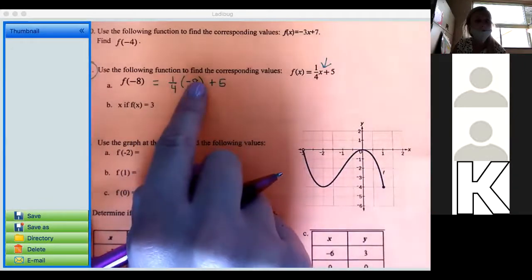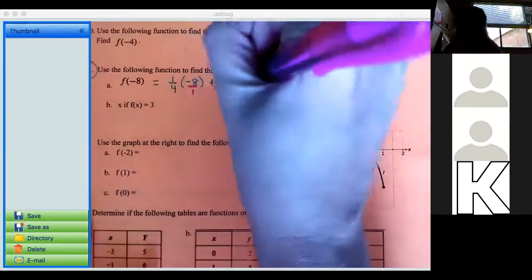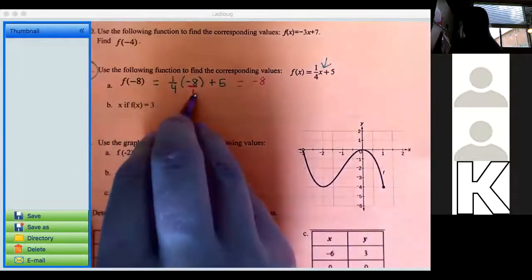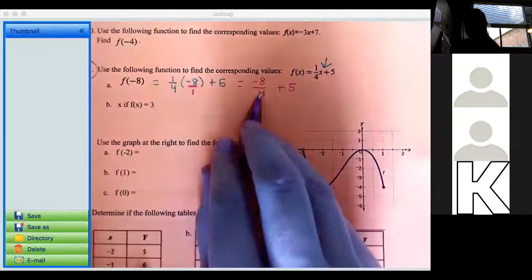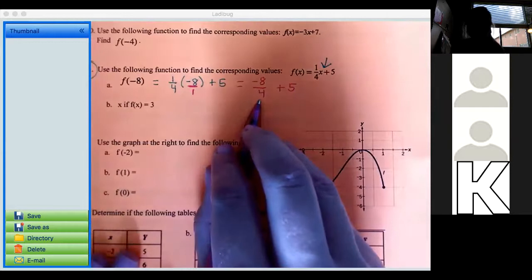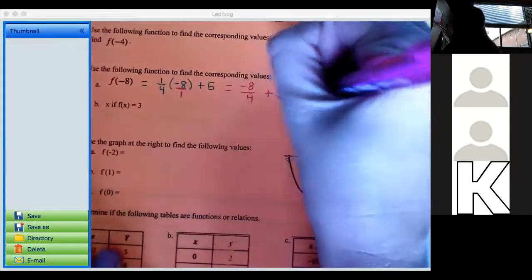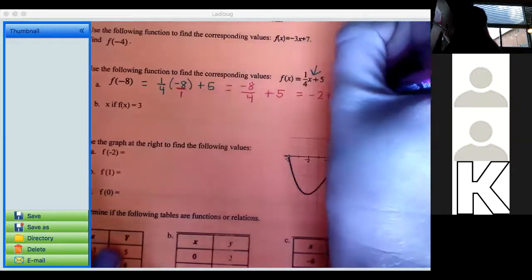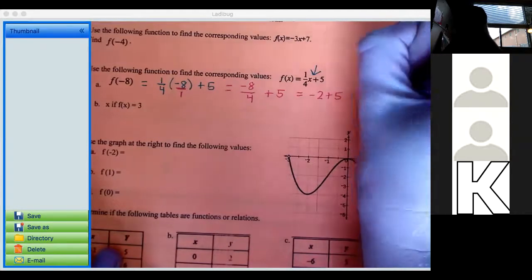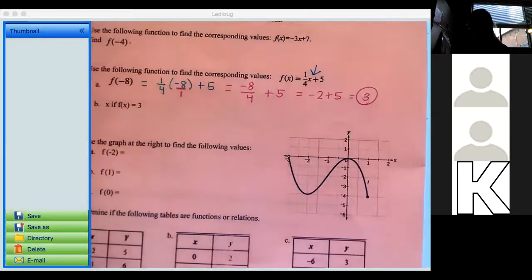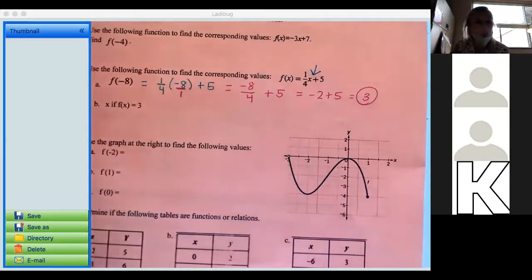So what's 1 times -8? What's 4 times 1? So over 4 plus 5. What's -8 over 4? -2 plus 5 equals 3. There we go. So the answer for A was 3.